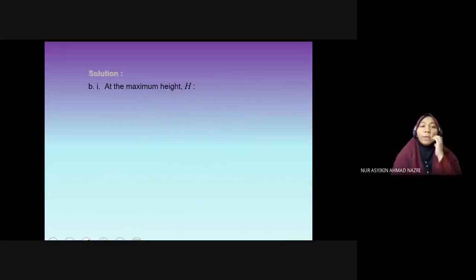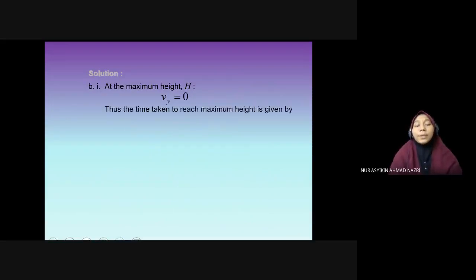Alright, untuk B, at the maximum height, Vy equal to 0. Betul? So, time taken, kita boleh ambil dari equation ni. Again, at time, the velocity equal to 0, berapa masa untuk dia reach velocity equal to 0 tu?